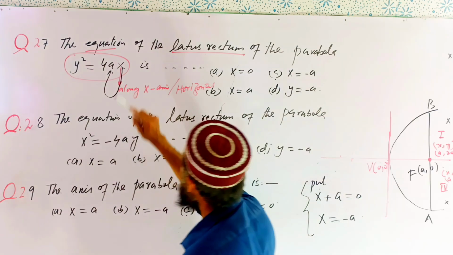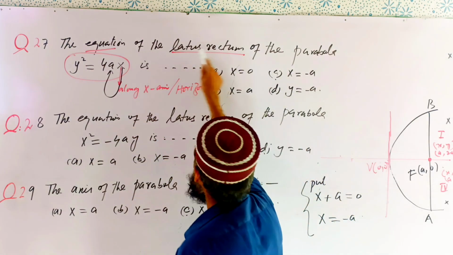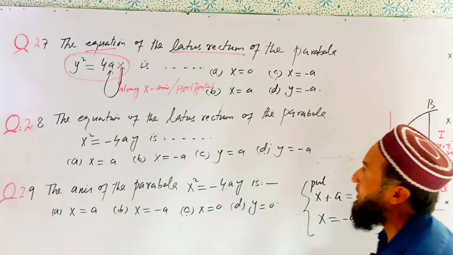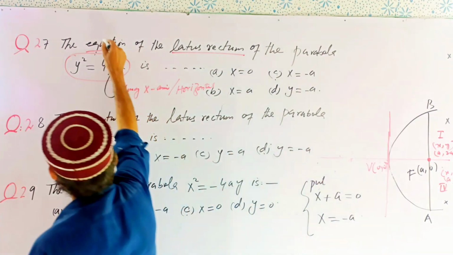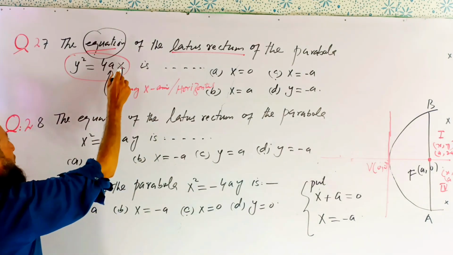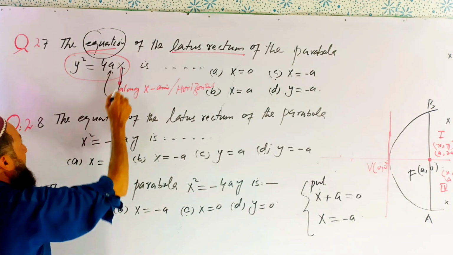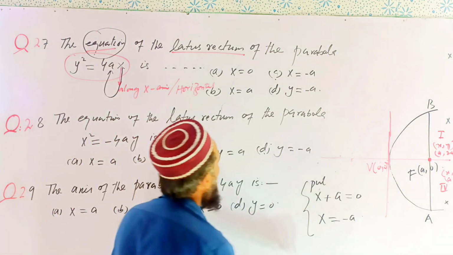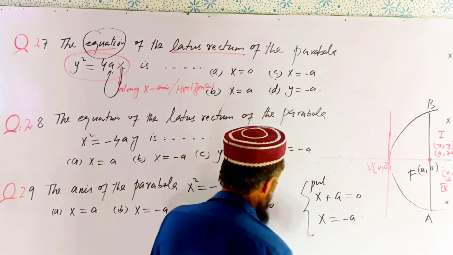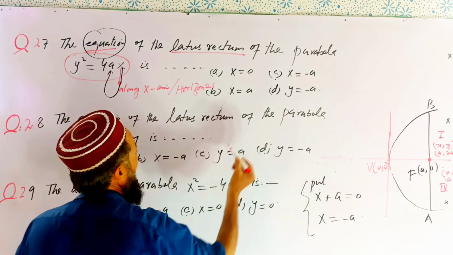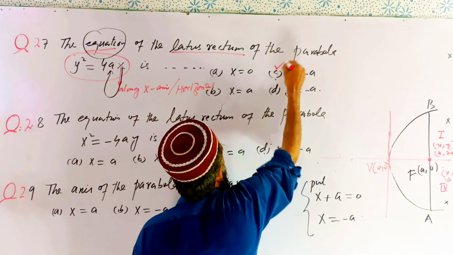So latus rectum is the line between 2 points which is perpendicular on the axis through the focus. When finding the equation, there will be no change in the parabola along x-axis. We put here x plus a is equal to 0, so the result will be x is equal to minus a. So now check the option here. Option C is here the correct option.